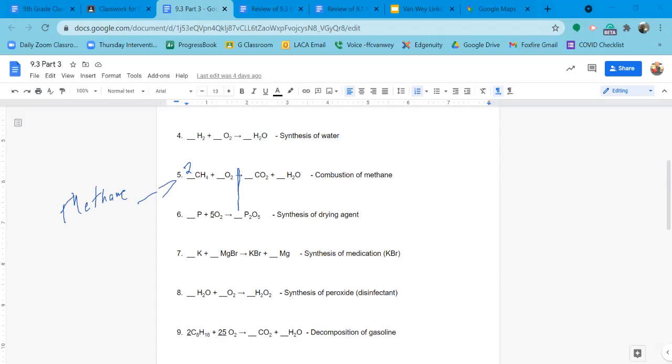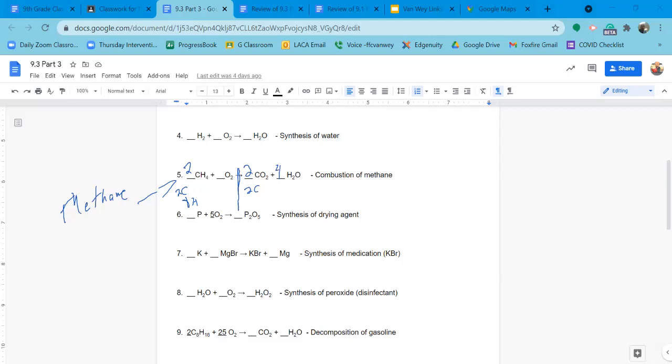So I have 2 methanes, and that's going to give me 2 carbons over here. And it's going to give me 2 times 4, it's going to give me 8 hydrogens. So then I need to make 2 carbons over here. The only place I'm going to get carbon is in CO2, so I have 2 CO2s. I need to make 8 hydrogens over here. They come 2 at a time. So I'm going to have 4 H2Os.